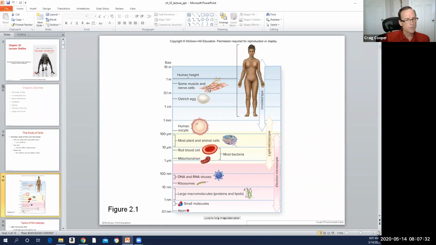Let's say we're trying to activate a muscle that makes our toe bend, makes our toe flex. That first neuron that's in charge of making that toe movement happen needs to ultimately connect with the muscle fibers that are going to contract to do that.